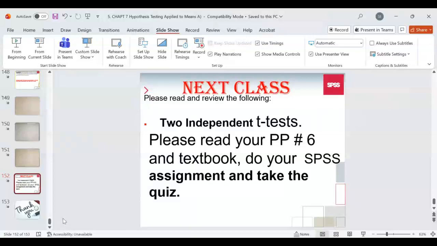That's that repeated measure design, ANOVA. And again, for independent t-test, we have 2 groups, but for ANOVA, you have more than 2. And we'll talk about that when we get there.